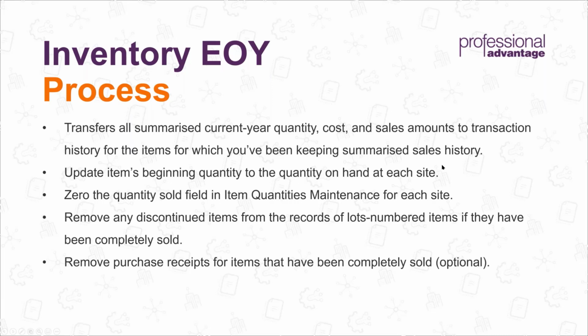Now, in the item maintenance window, when you set up any inventory items, there are history options for you to tick. Most likely, you would have this maintain history option ticked. And if you did, when you initially set up the item, this is when the summarized history is going to write to a history table for the item.